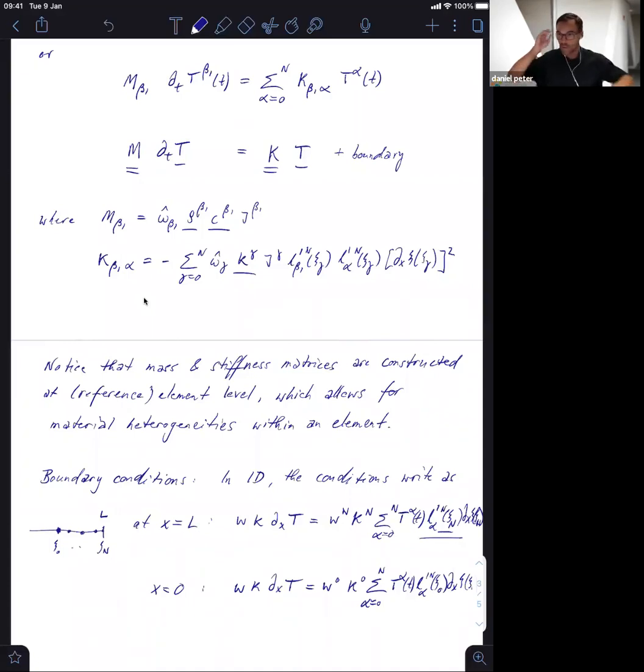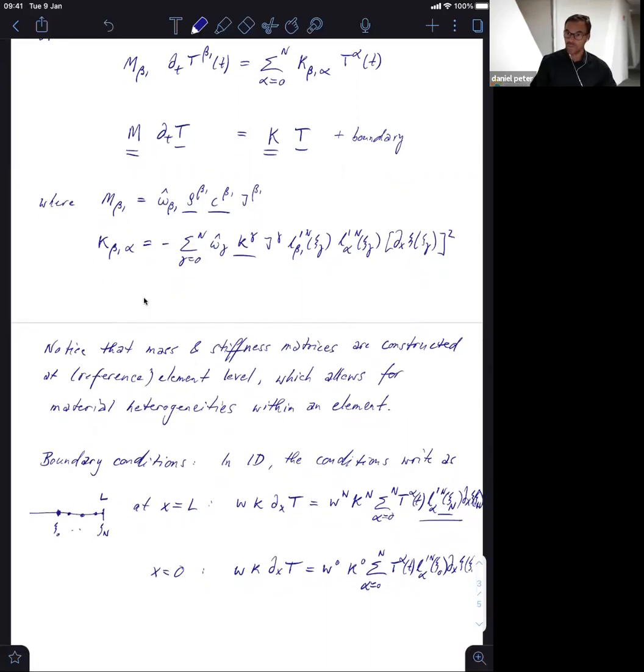Do you have a question for that? I would say let's plan for next Sunday to start with the example where we implement the spectral element method for the heat equation.